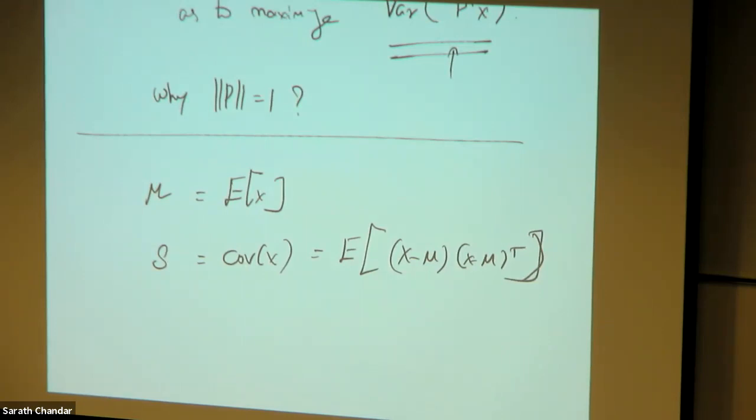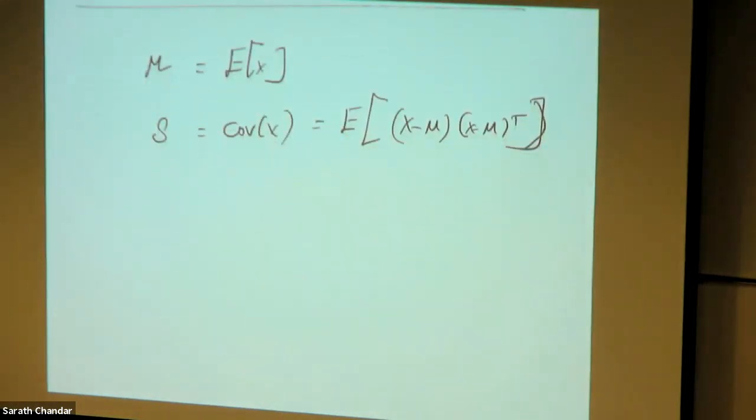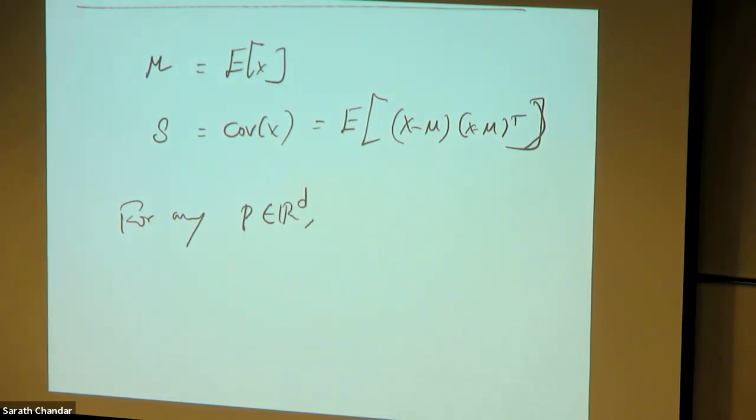Is that clear? Now, let us take any P belonging to R power d, and consider the projected data P transpose X. Now, what would be the mean and variance of this projected data?